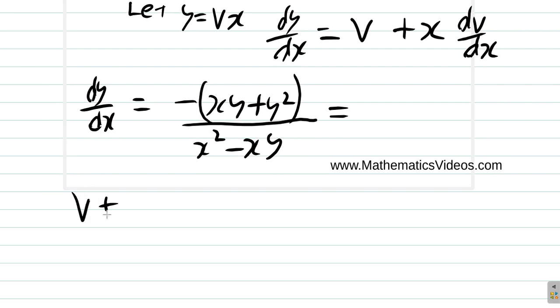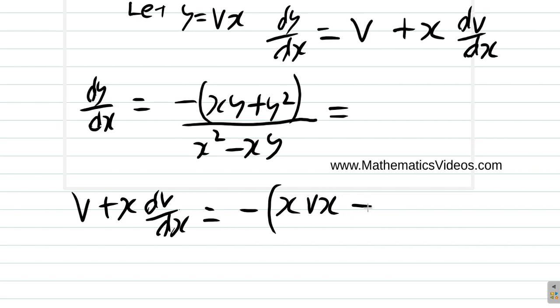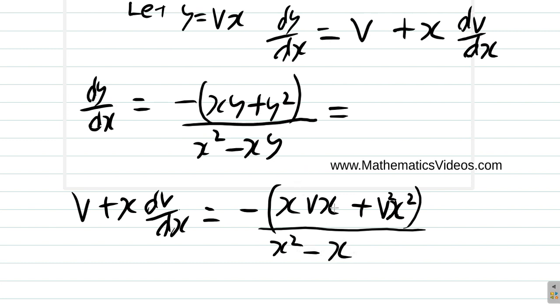So v plus x dv by dx is equal to negative x. Now, this is vx plus v squared x squared over x squared minus x vx.